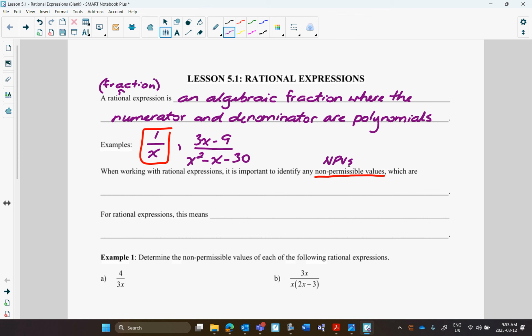So, the non-permissible values are values of a variable in a rational expression that make the denominator equal 0.